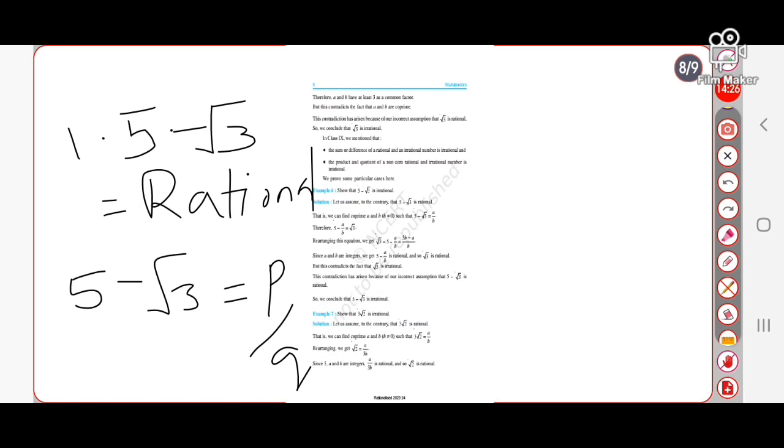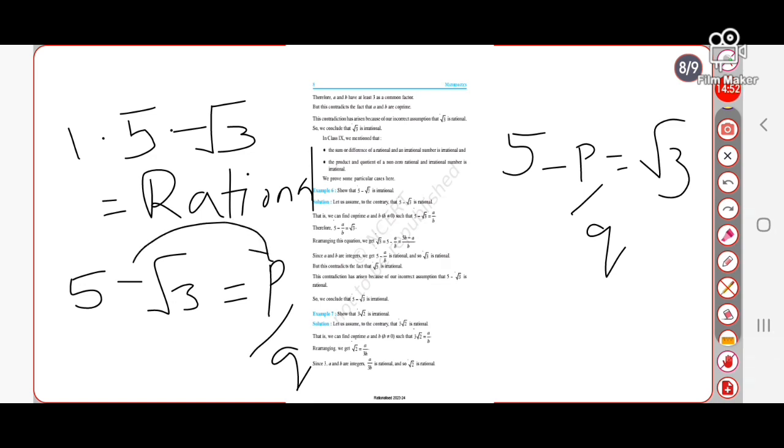Okay, now what they have done in this sum is a small change, nothing complicated. Instead of the previous sum, they are taking this value to the other side, that is 5 minus p by q is equal to root 3. That is, this value is gone here and this has come here. Okay, that's nothing much of a change.